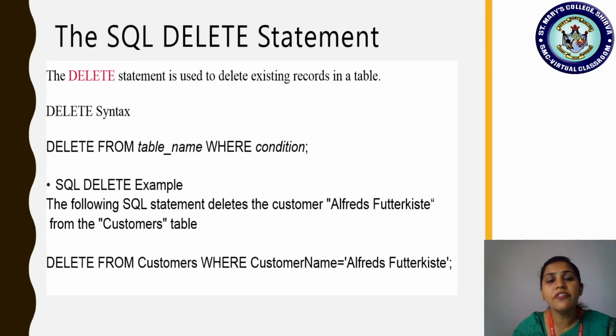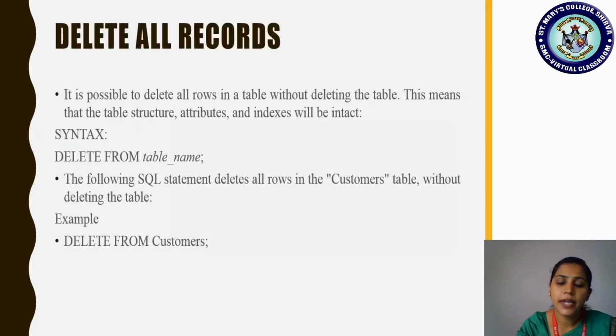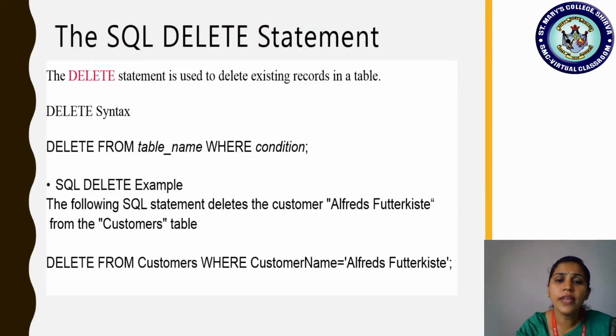Delete from table name where condition. We should specify which table we have to delete the data from. Delete from is a keyword, where is a clause, and we should specify the condition. So what condition or what value should get satisfied in order to delete a record.